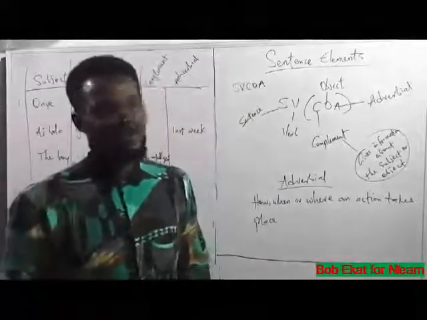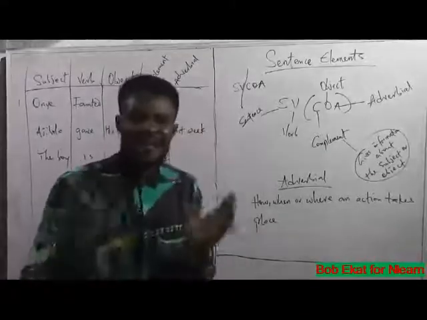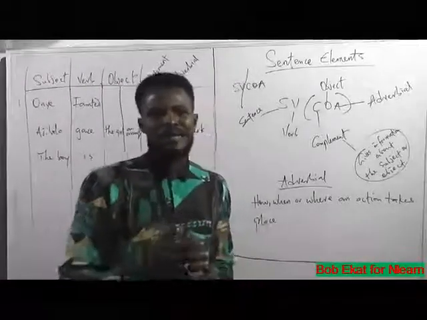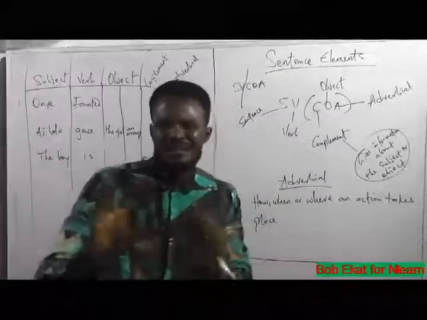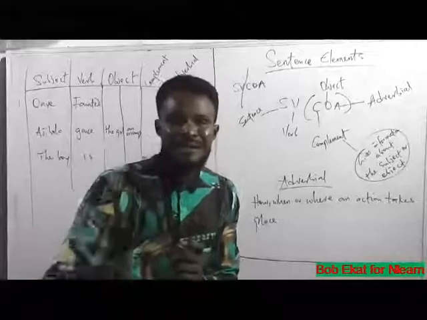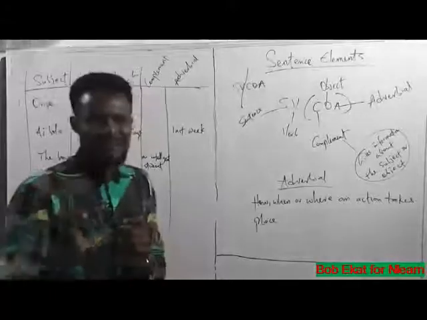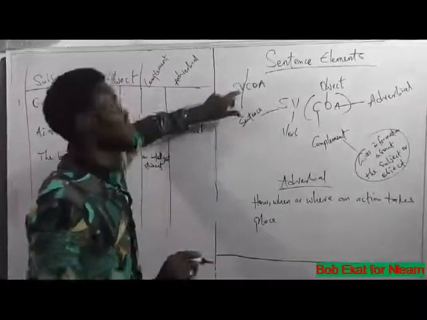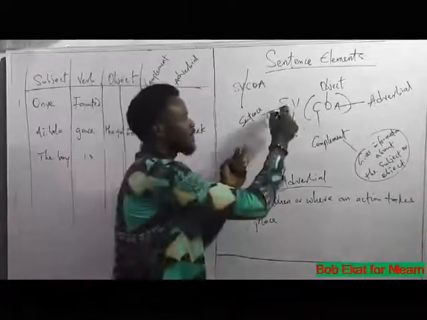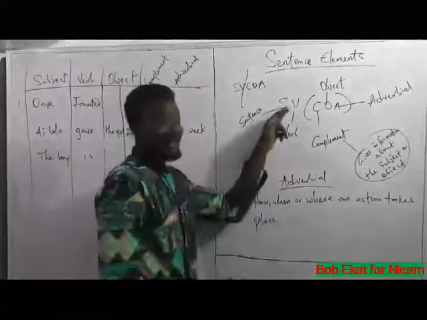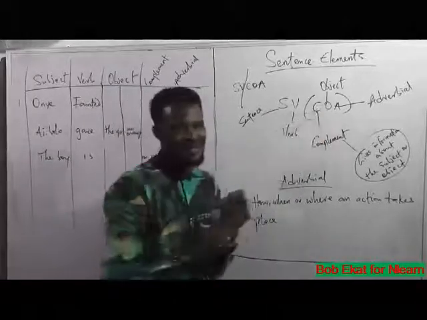These are the 5. Of these 5, 2 are inevitable. It means you cannot avoid them. Every sentence must contain a subject and a verb. That is why it is usually presented in this manner. Look at what I wrote here: SV outside the paragraph and COA inside the paragraph.